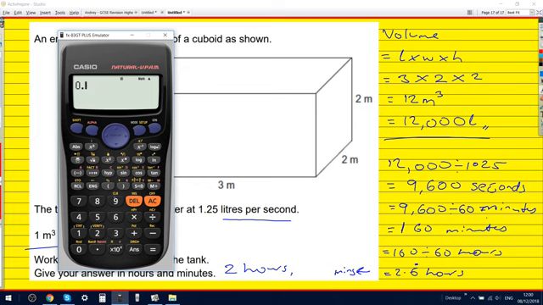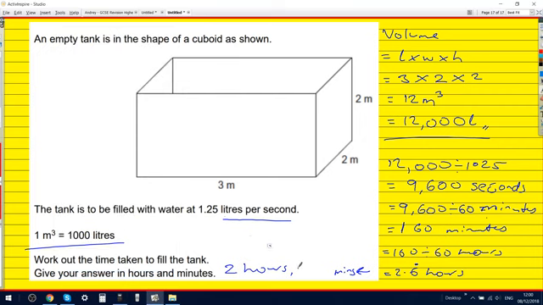Wait, is it times by 60 or divide by 60? So now we're working in reverse, so times. Okay. 40. Yes, 2 hours, 40 minutes. That's it. And 0.6 recurring is 2/3. So it's 2/3 of an hour. 20, 40, 60, so 40. Let's see. Yeah, that's it.